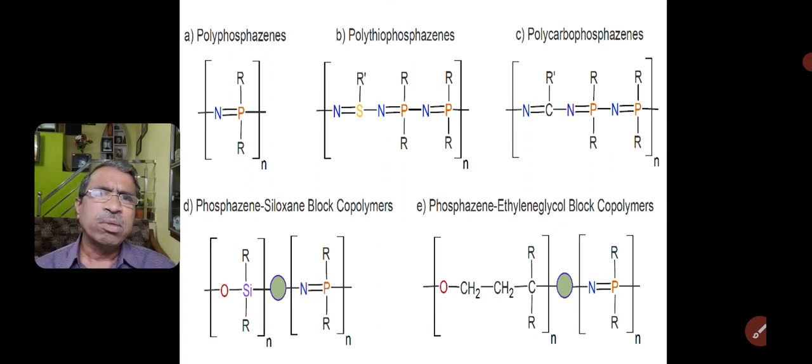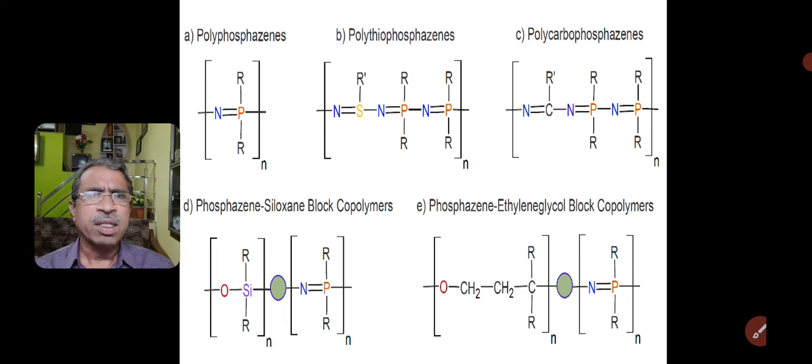Here I have shown the various inorganic polymers like polyphosphazenes. So polyphosphazenes have in the skeleton phosphorus and nitrogen. Between the two you have a double bond, and phosphorus is connected to R, where R may be methyl, ethyl or phenyl.